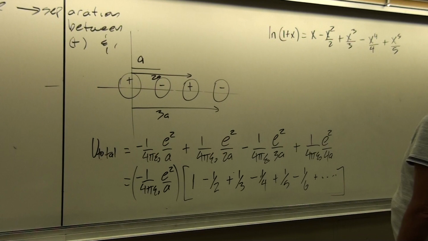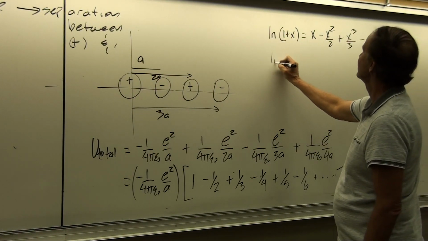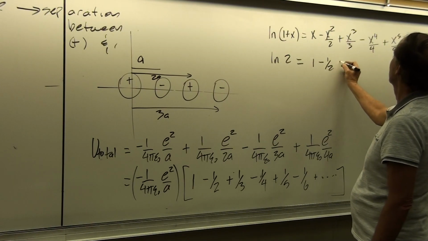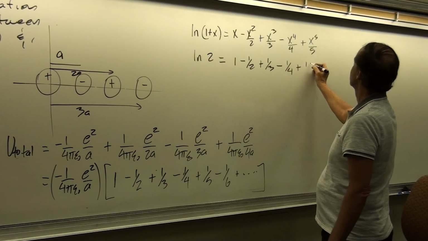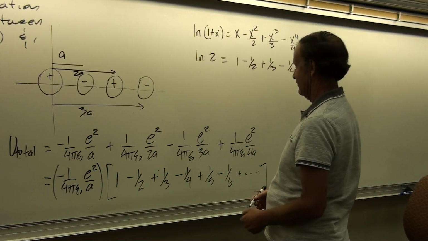And so in this case, x is 1. So the natural log of 2 is going to be 1 minus 1/2 plus 1/3 minus 1/4 plus 1/5 minus dot dot dot. So that's the natural log of 2.